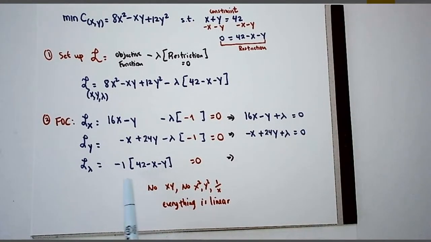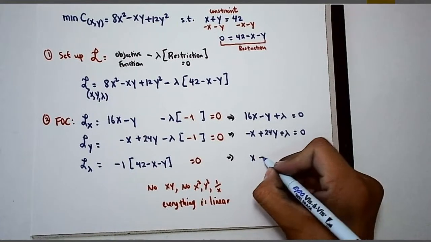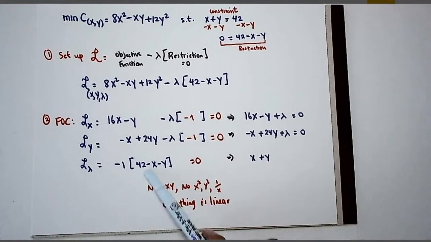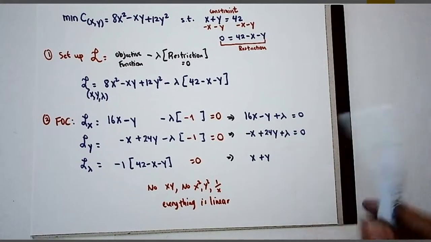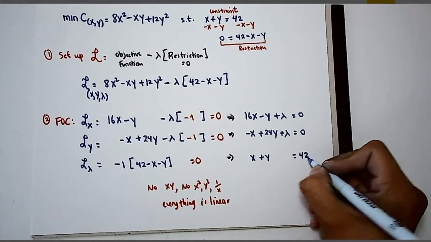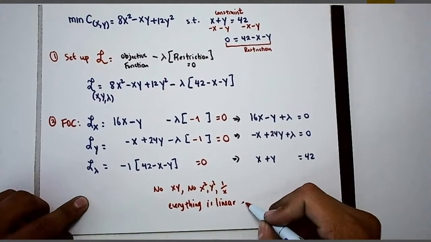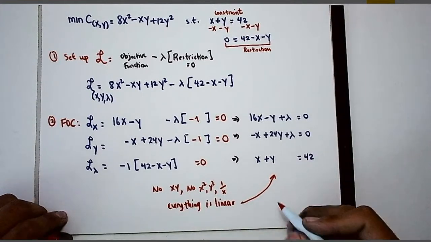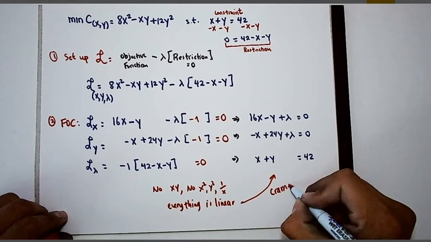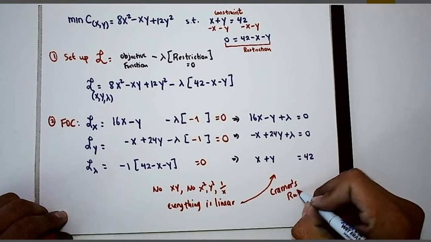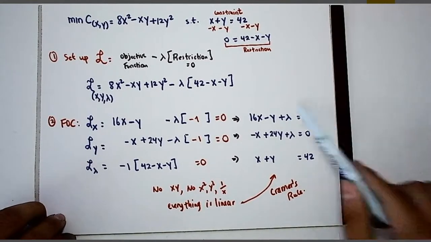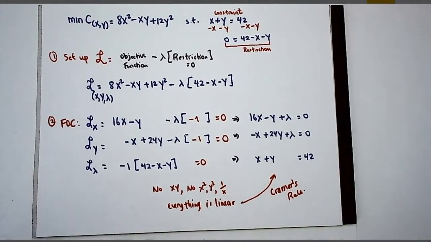And here we will have x plus y, and then minus 42 will go to the other side as positive 42. So as you can see here, everything is linear. So we can use Cramer's rule. So let's copy this into the next page.